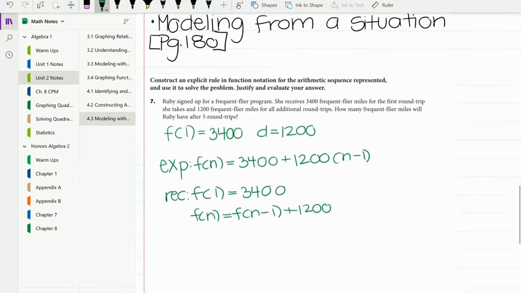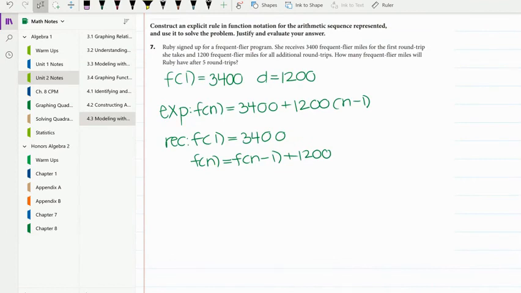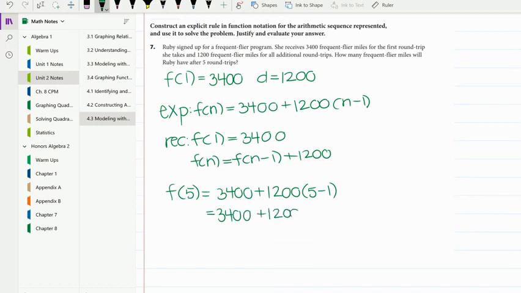Now, to find out how many miles she would have after 5 trips, we're going to do f of 5, and we will use the explicit rule. So it'll be 3,400 plus 1,200 times 5 minus 1, which is really 3,400 plus 1,200 times 4. Remember, you will do 1,200 times 4 first, and then add the 3,400, and you end up getting 8,200.